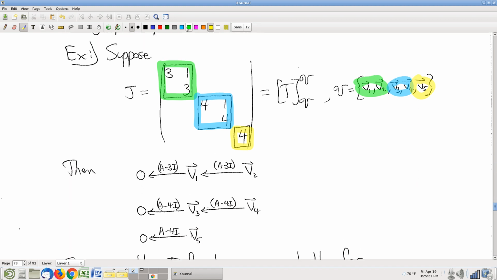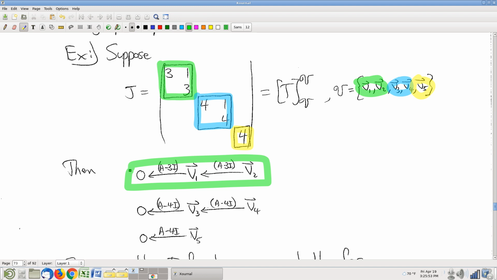So we get separate little diagrams for each one of these. For example, this is what I'm going to call what A minus lambda I does to V1 and V2. V1 and V2 being the vectors associated to that block, they're related by one of these diagrams. Now, the matrix that relates V1 and V2 by way of this little diagram is A minus lambda I. Wait a minute, what is lambda?